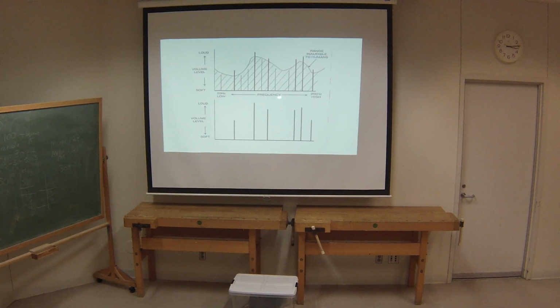But notice that we're in the frequency domain here versus the time domain, which means that we have had to do a Fourier transform to go from the time domain to the frequency domain. But these frequencies, and notice this is low frequency and moving up in frequency here.